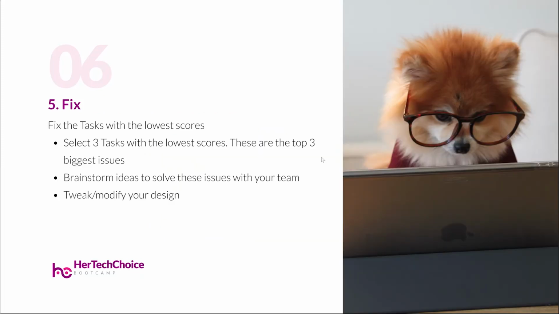Alright, you need to fix the tasks with the lowest scores after summing them up for each task. You need to select the 3 tasks with the lowest scores. These are the top 3 biggest issues. You brainstorm ideas to solve these issues with your team. Tweak and modify your design based on these issues.